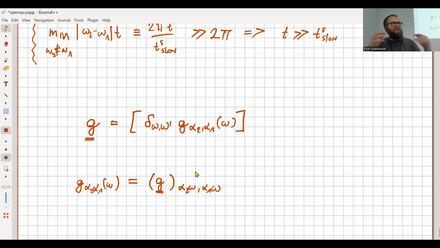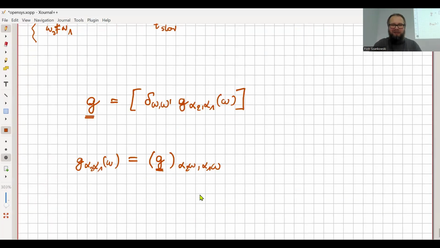Okay, does it make sense what I'm saying here? So I just take all those coefficients plus deltas and arrange them in a matrix, and I call it G, underlined twice. So that the element with index alpha 2 omega and alpha 1 omega equals the original coefficient. But if this is this coefficient, then what is the other coefficient?